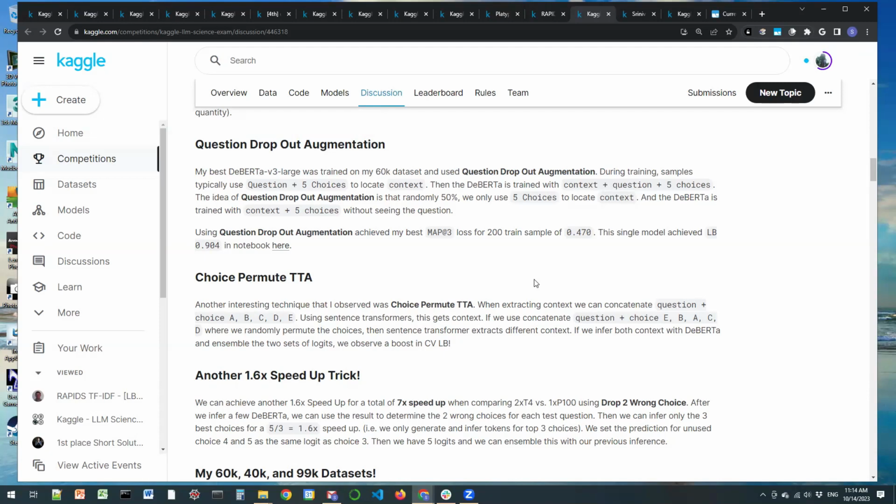Yeah, I see, because you're repeating the question with each answer, right? That's right, yeah. So you're putting the question and the answer together and asking what's the probability of this being right? And then you're putting the question again with the second answer and asking what's the probability of this being right? And so you're doing 5 steps.